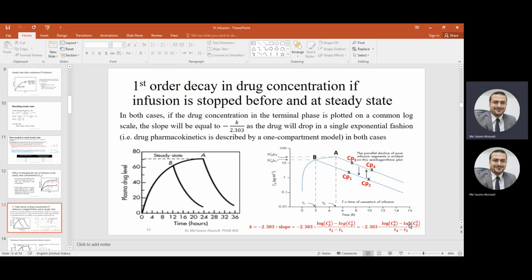If I give an IV infusion for a period and I stop it, what will happen? There will be a decay, right? Just as the increase in the concentration is mono-exponential, the decay also will be mono-exponential. That's why if I take 2 points in the decaying part, I can get the decay, the elimination rate constant, and the elimination half-life, right?